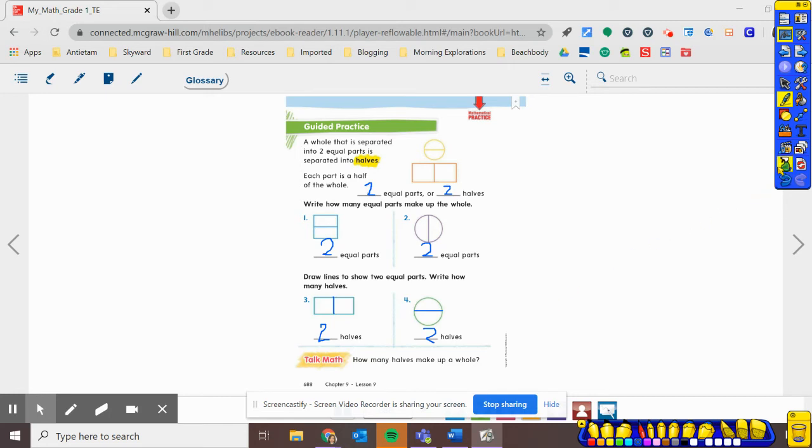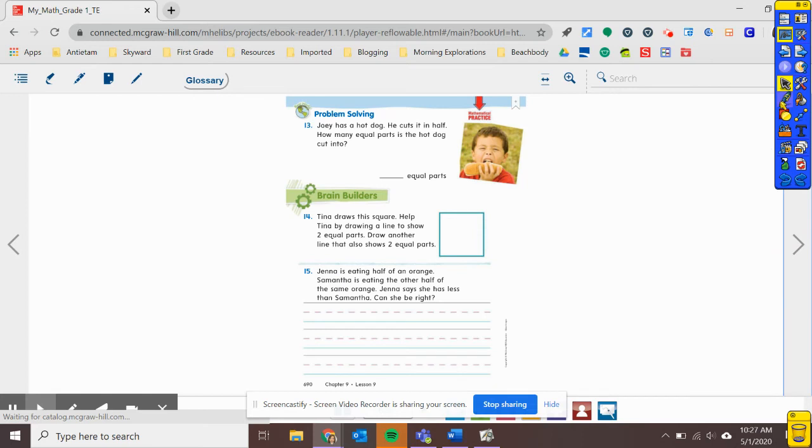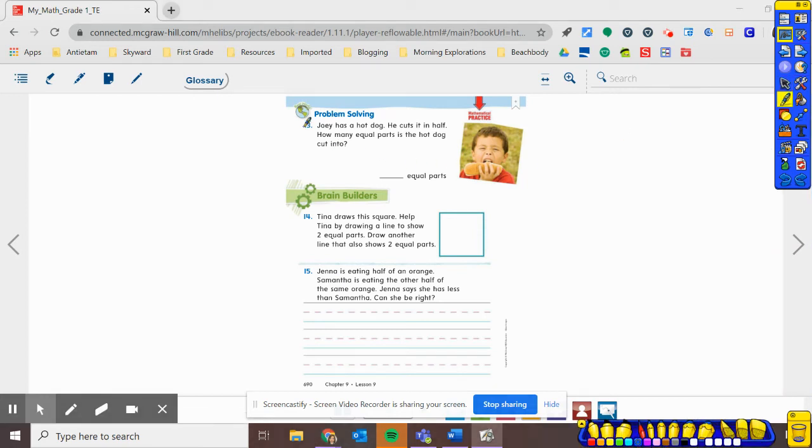All right. Let's move to our problem solving page. Okay. Number 13 says, Joey has a hot dog. He cuts it in half. How many equal parts is the hot dog cut into? Well, think about it, just like when we were sharing that cookie earlier.